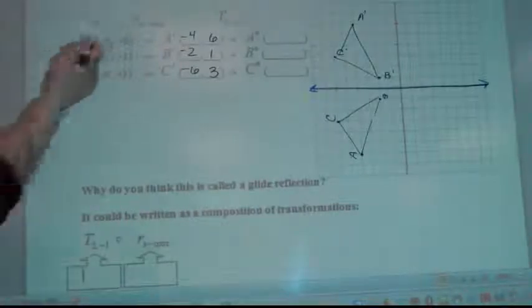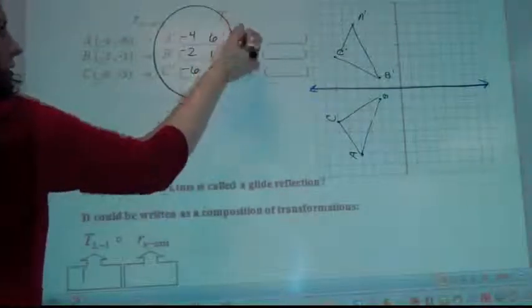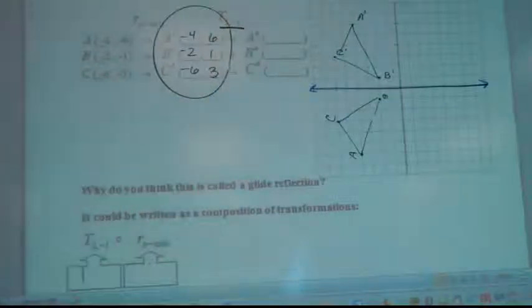Now we're taking this one and translating it 3, -1. So we're not going back to the original and doing it. We're doing it from the reflected figure.